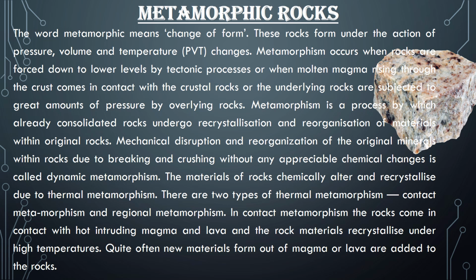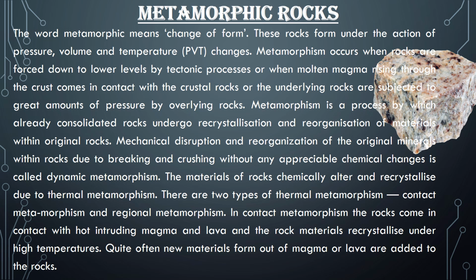Metamorphism is a process by which already consolidated rocks undergo recrystallization and reorganization of materials within original rocks. Mechanical disruption and reorganization of the original minerals within rocks due to breaking and crushing without any appreciable chemical changes is called dynamic metamorphism. The materials of rocks chemically alter and recrystallize due to thermal metamorphism.